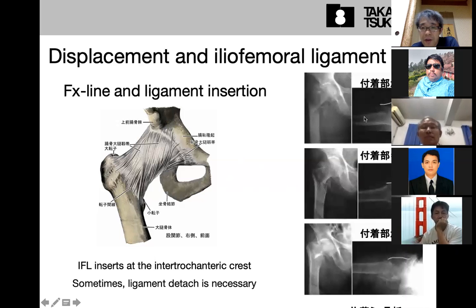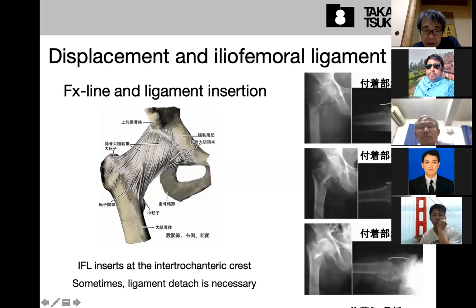If this fracture line is here, outside of the insertion of the iliofemoral ligament, this proximal fragment can displace anteriorly greatly. If the fracture line is just the same as the insertion of the iliofemoral ligament, the fracture is relatively stable.